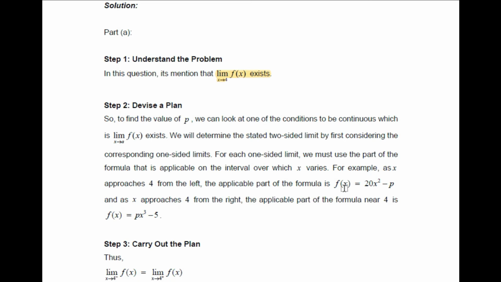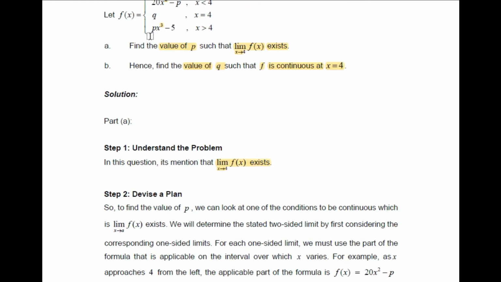Then, when x approaches 4 from the right, the applicable part of the formula near 4 is px cubed minus 5. This is the applicable formula for x more than 4.